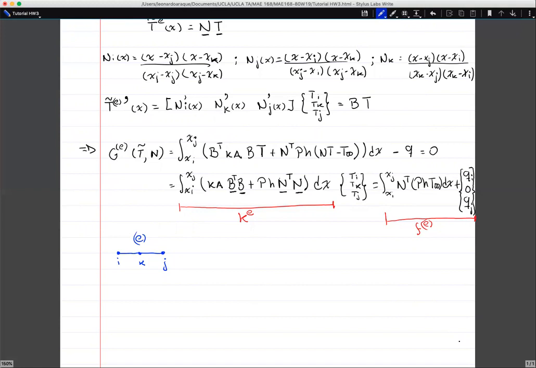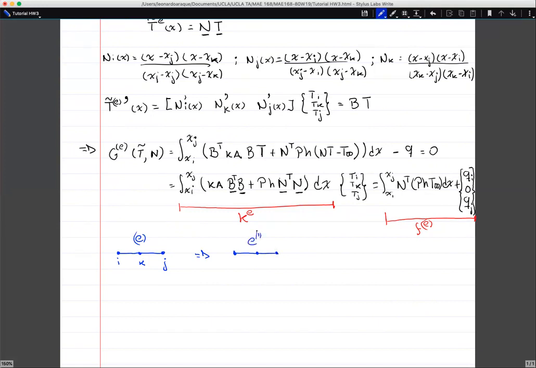Our discretization is with 2 elements, so we need to apply this weak form for a general element to each of the elements in our discretization. So we have 2 elements.